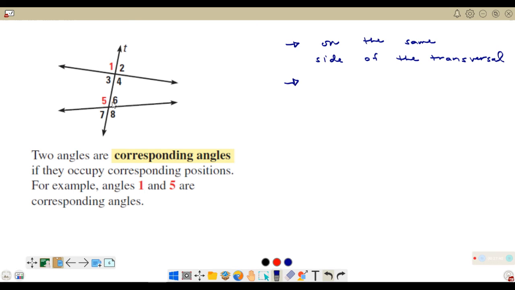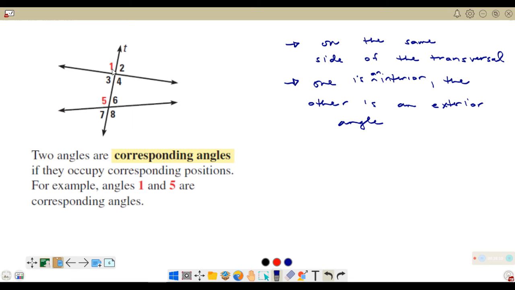Another thing that you have to consider, dapat one is an interior angle and the other should be an exterior angle.